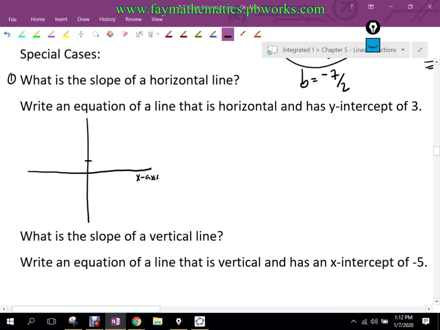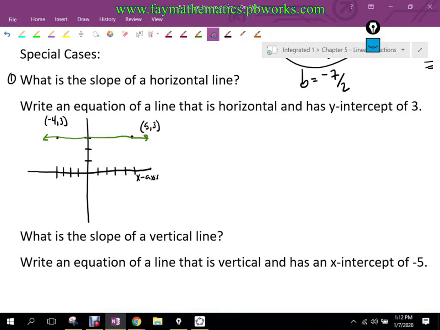Well, let's say that I've got this point here at 5, 3. And let's say we've got a point over here at -4, 3. And I asked you to find the slope of that green line.